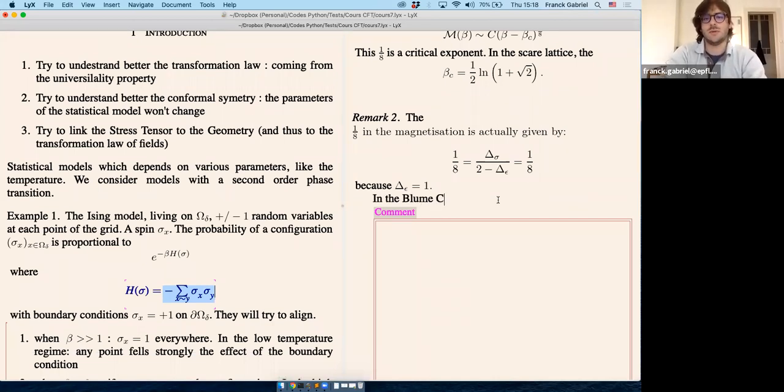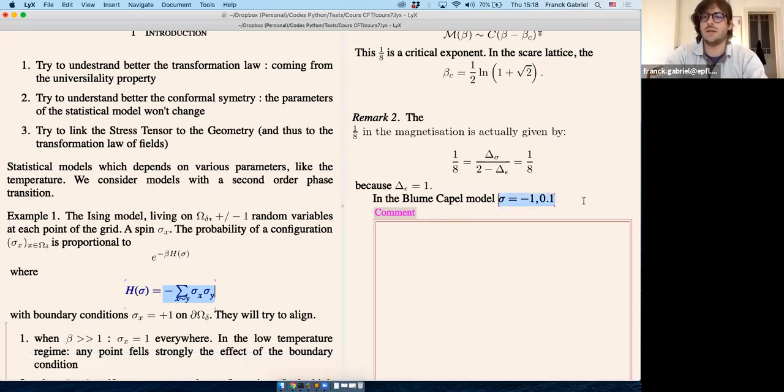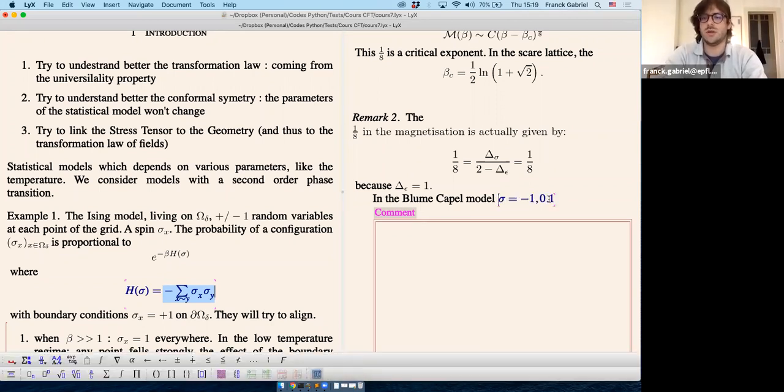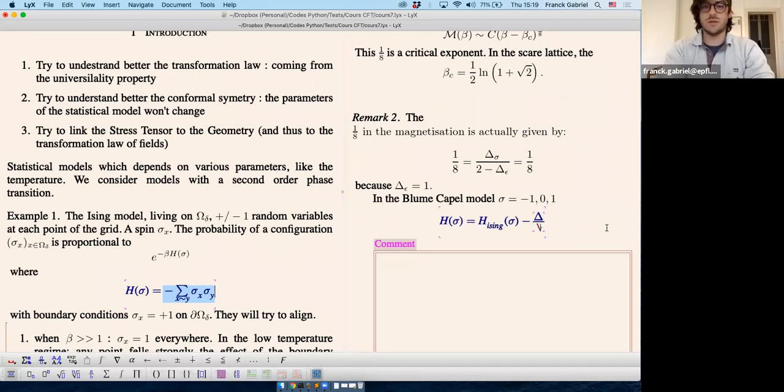So in the Blume Capel model, sigma is equal to -1, 0, or 1, and the Hamiltonian h of sigma is simply h Ising of sigma minus a chemical potential times V of sigma.